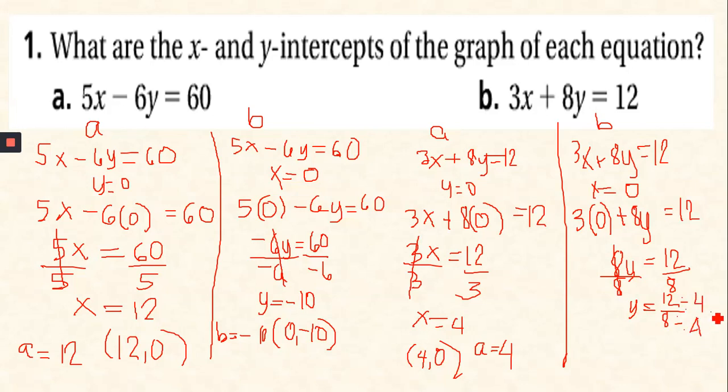Okay? 12 divided by 4, that is 3, and then 8 divided by 4, that is 2. So your y-intercept is 3 over 2. Or you have the coordinates 0, 3 over 2, or you have b equals 3 over 2.